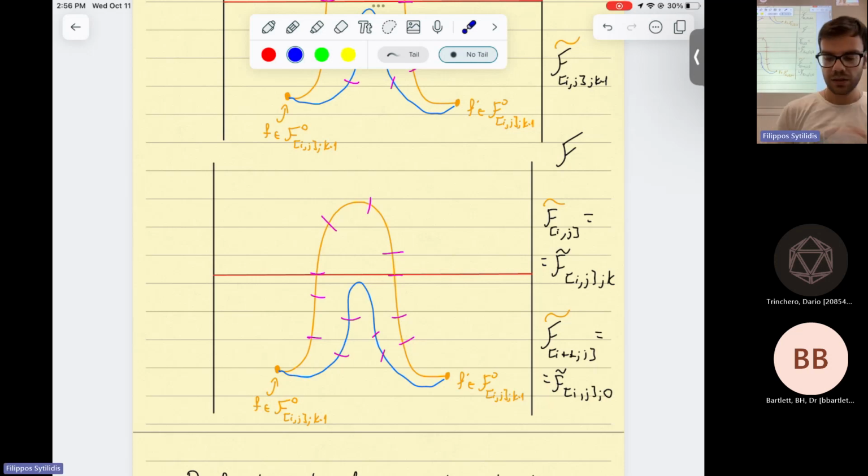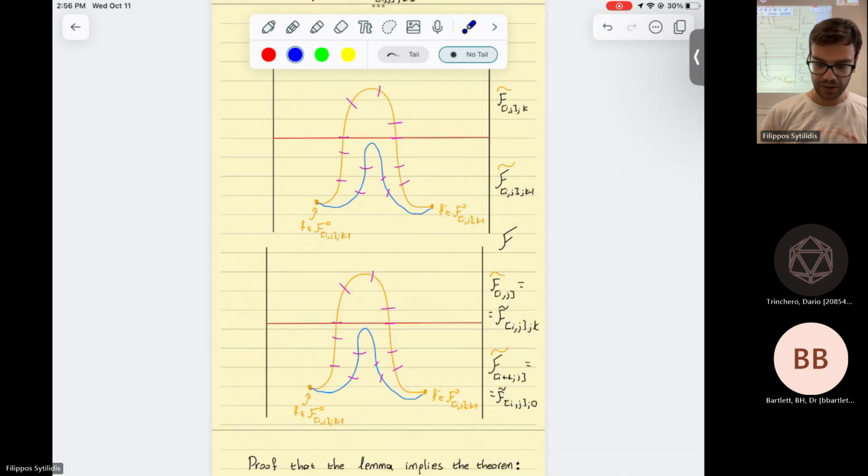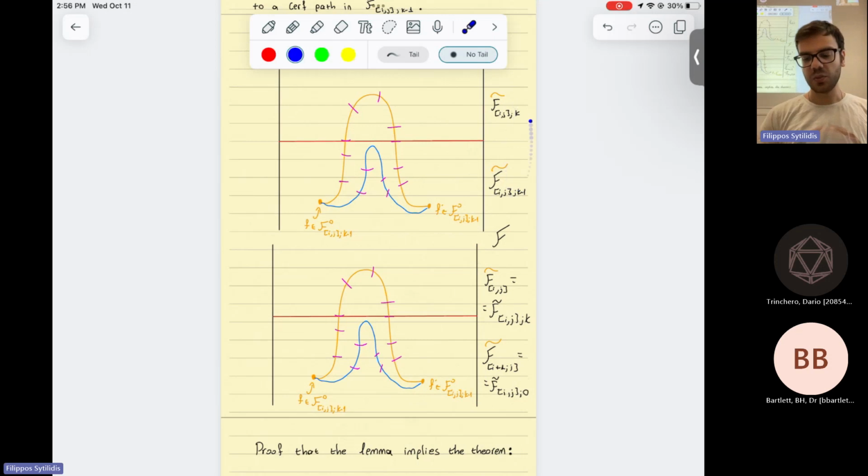And so here I have a k, here I have a 0. I'm basically in the same situation as above, but now I'll be using induction. First I'm going to turn this k into a k minus 1, then into a k minus 2, all the way up until it becomes 0. And that's an inductive argument.